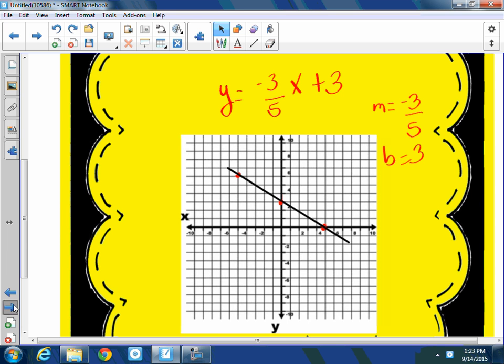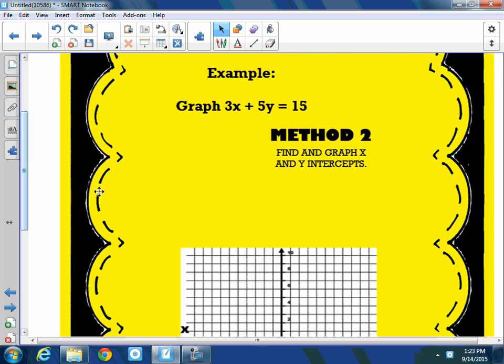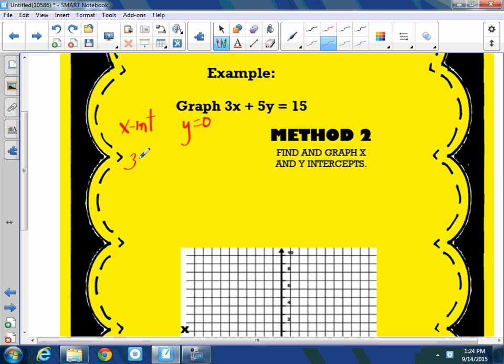And for method 2, we're going to find the x-intercept. So for the x-intercept, we're going to plug in y equals 0. So it will be 3x plus 5 times 0 equals 15.